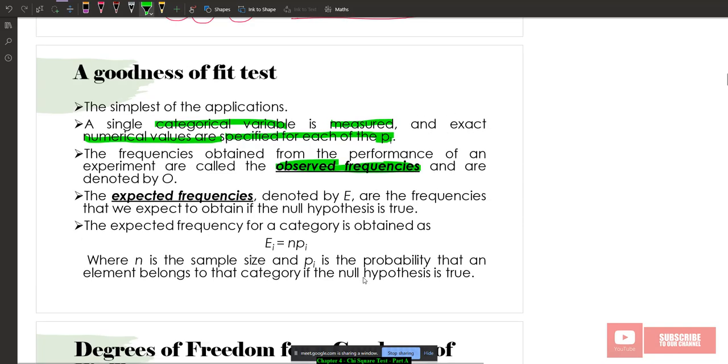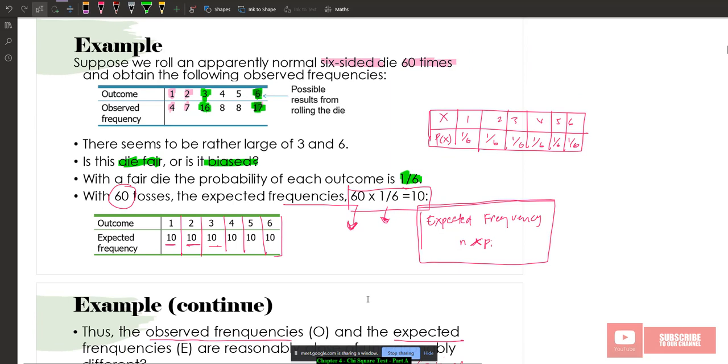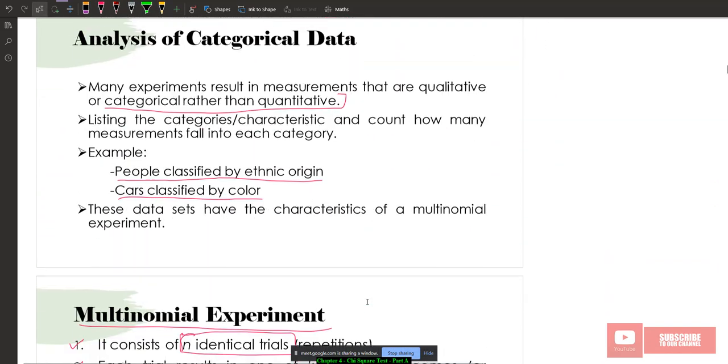If you look at this result, for the possible outcomes, the observed frequency is the number of times you rolled the die. The total here should be 60, and it will not change. It should remain 60.